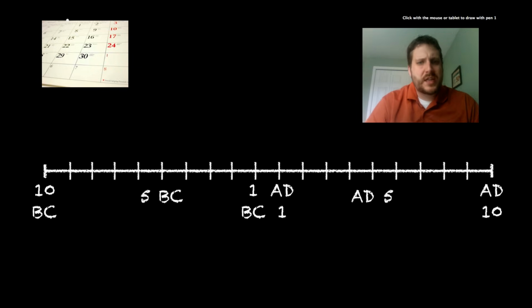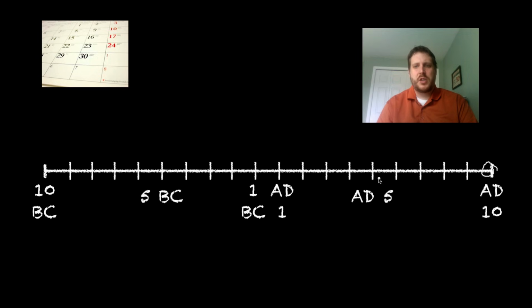So just a couple quick things I want you to notice about this timeline before we move on. First of all, you'll notice each year is marked by one of these dashes, right? So you've got AD 5 is this dash here, and AD 1 is here, and then 1 BC is right here, and 5 BC is right here, and 10 BC is right here.